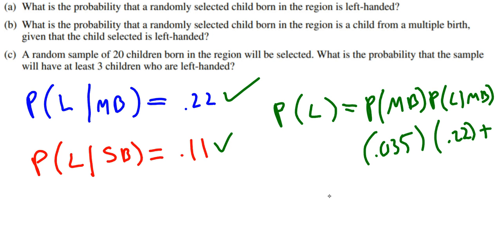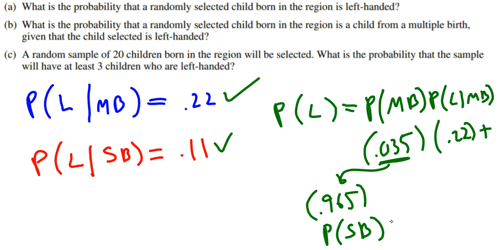And let's write this way. 96.5% of the people are single births. That's because 3.5% over here are multiple births. So that's the probability of a single birth times the probability one of those people are left-handed. So times the probability of left-handed given single birth. That's what you have here. So these two things need to be added together.